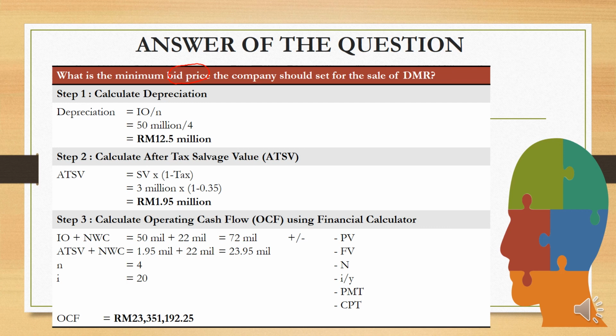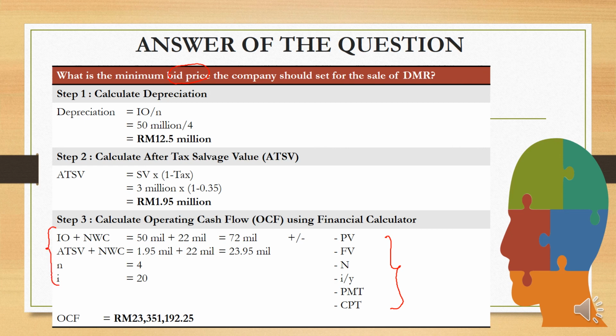For step 3, you will calculate the operating cash flow, which is OCF, by using the financial calculator. To calculate OCF using the financial calculator, you must make sure that you follow the commands and that they are fulfilled by the information. So here is the information that you need to know.